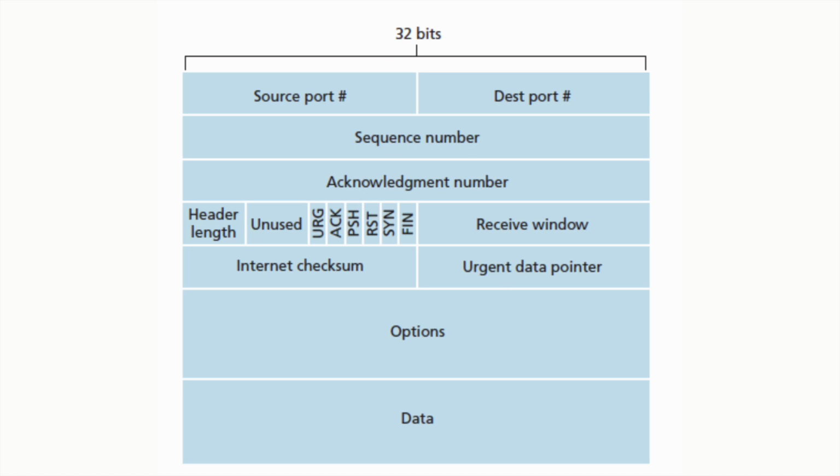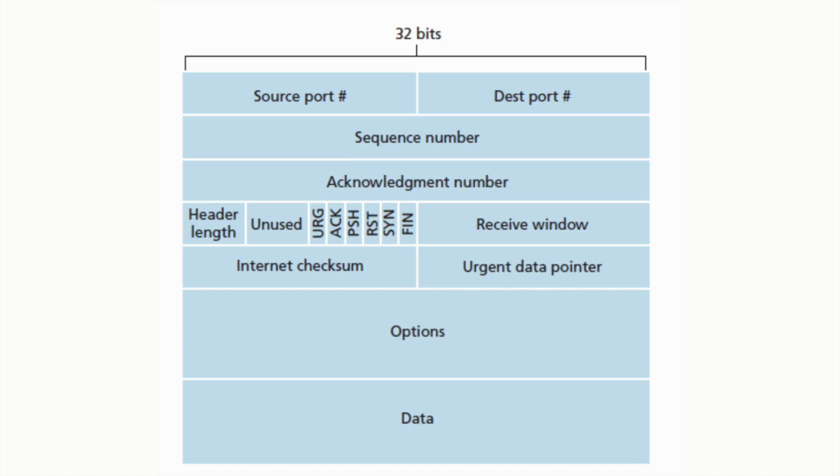So this is the structure of a TCP segment. The first ones are the source port and the destination port. The source port identifies the port number of the sending application, while the destination port identifies the port number of the destination application.